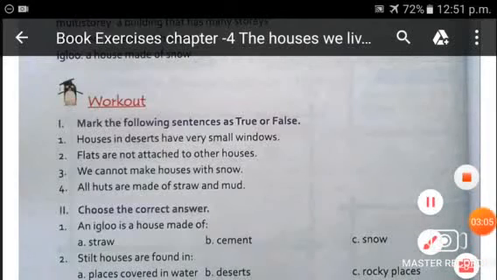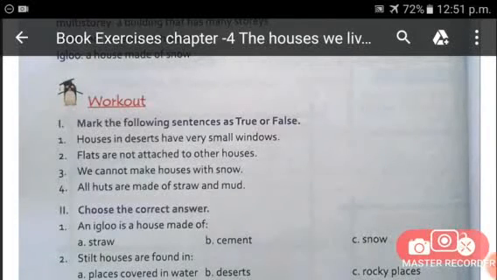What do you think? Is this statement true or false? Correct, this statement is true. So mark T over here, T for true.